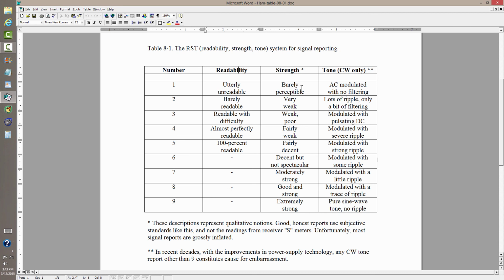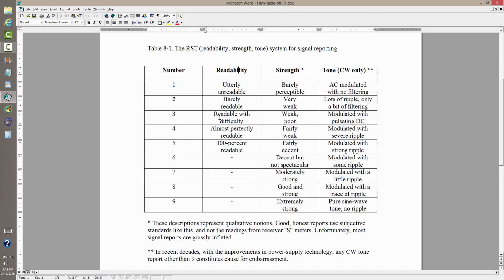And if you want to give an honest signal report to a person, and their signal is decent but not spectacular, tell them so. Give them a 6. Maybe they're 569 or 469, and don't be too embarrassed about giving somebody a 3 for a readability report.